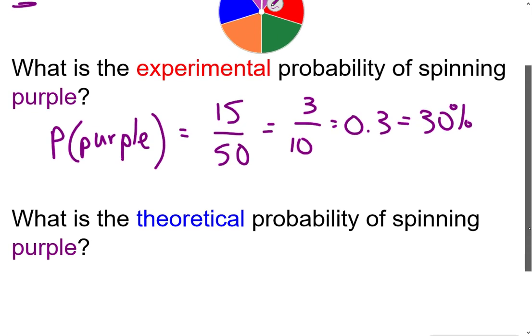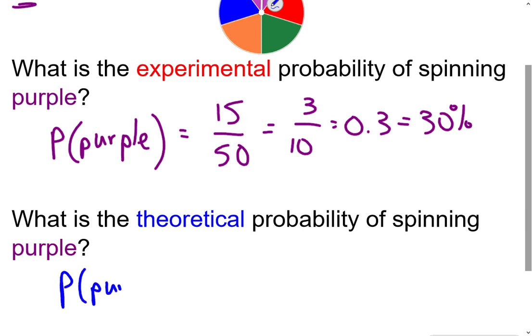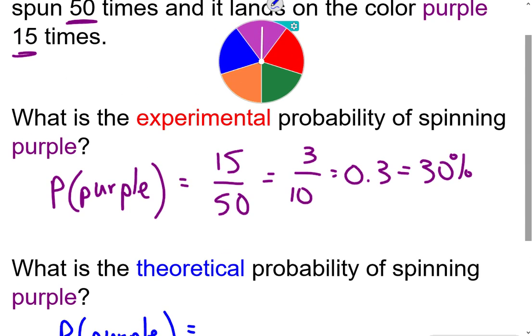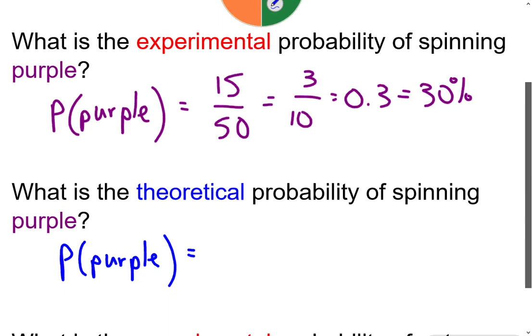Now it asks, what is the theoretical probability of spinning purple? So in this one, we're going to go theoretical. So the probability of purple again. Again, we don't care about what happened in the experiment. Now we just look at how many different outcomes there are. I look at my spinner and there are 5 different colors, so there's 5 outcomes possible.